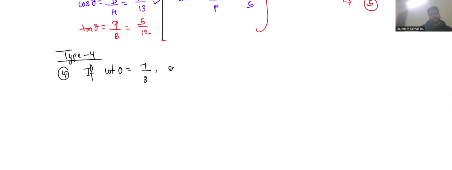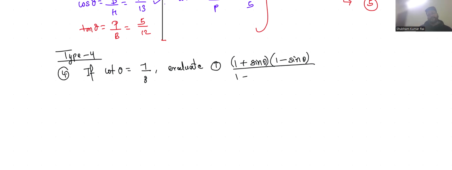We need to evaluate. 2 questions are there. The first question is (1 plus sine theta)(1 minus sine theta) by (1 plus cos theta)(1 minus cos theta). And second question we are having, that is cot square theta, right?